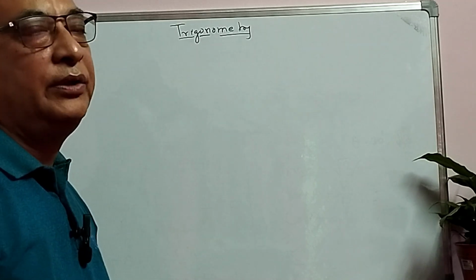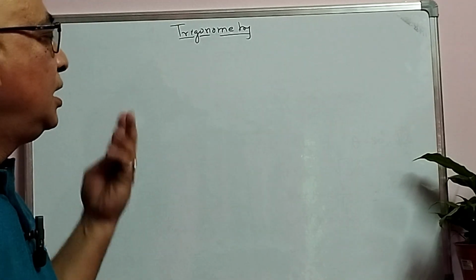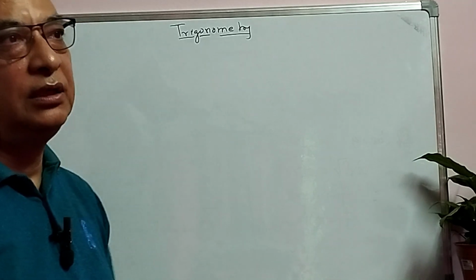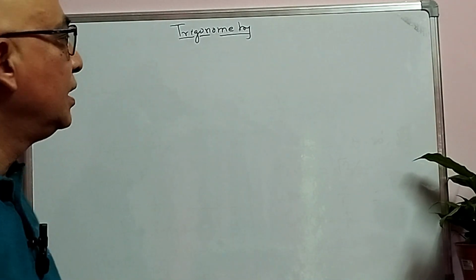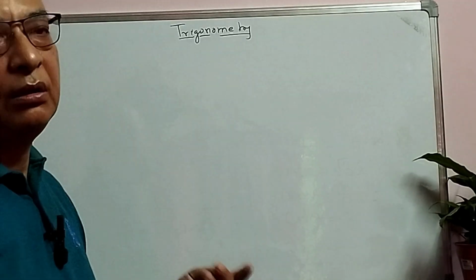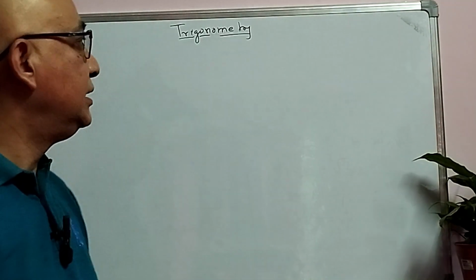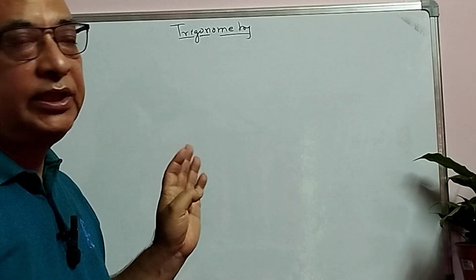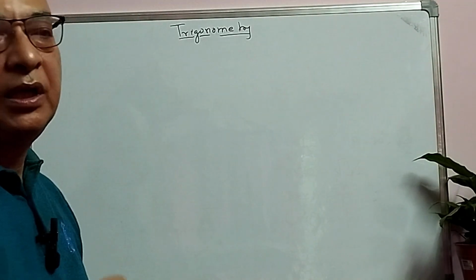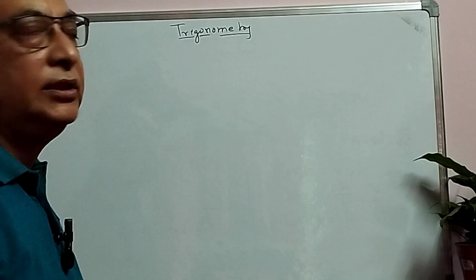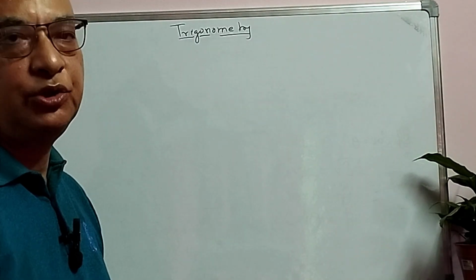So it is basically the study about a measurement of a right-angled triangle, which has three gons. Gons, that means sides. And trigonometry is about the measurement of the sides. So this is the basic concept of trigonometry.